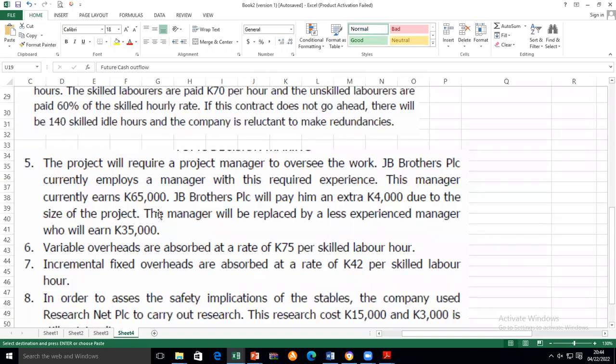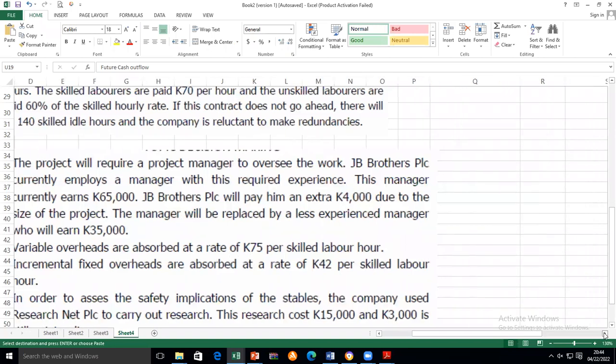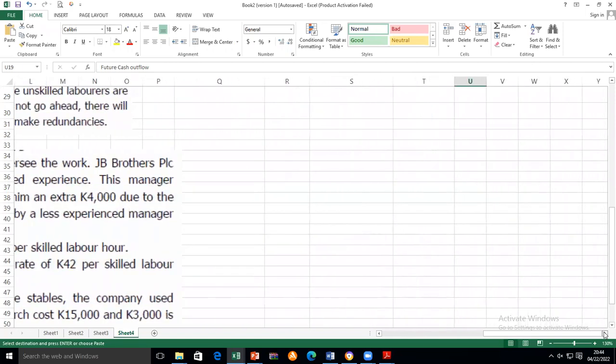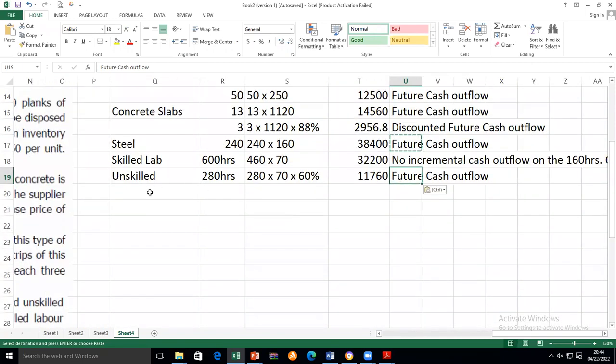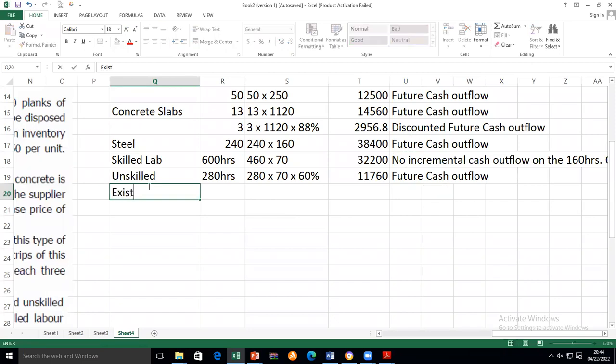So this manager we will take from his job and bring him here. Is there any extra cost on the existing manager? No. So the new manager, let's be careful. Existing manager, are we going to give him something because of the project? Is there any future cash outflow?